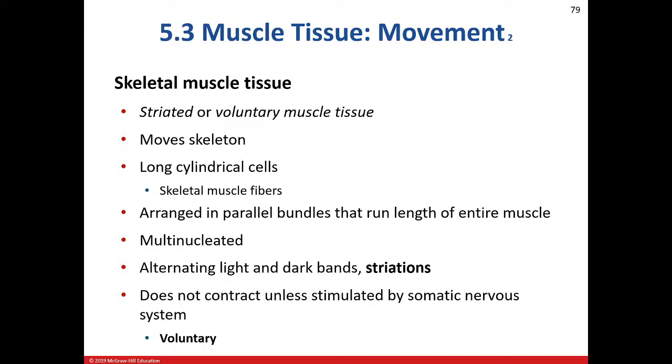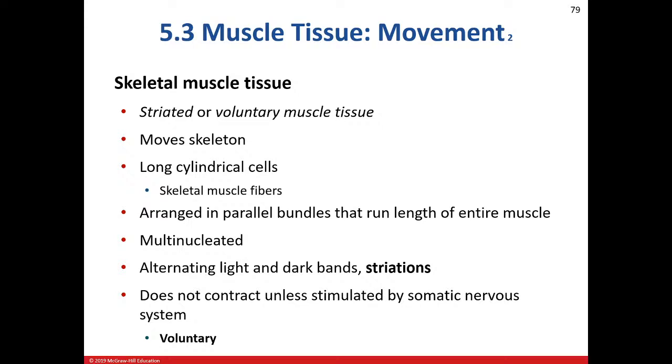And this muscle has long cylindrical cells. How long? Well, the skeletal muscle cell, or skeletal muscle fiber, runs the entire length of the anatomical muscle. And so if you look at your bicep, please understand that one skeletal muscle fiber, one skeletal muscle cell, runs the entire length of that bicep.